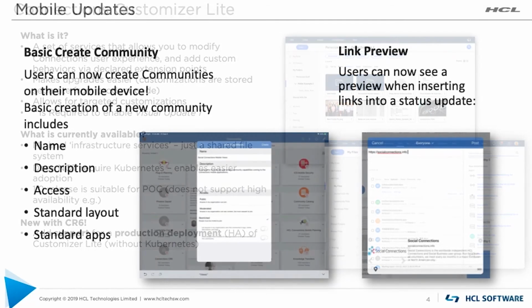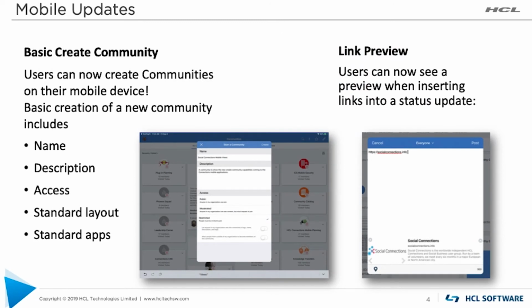So let's shift gears and talk a little bit about the basic Create community on mobile. I recorded a full video on this capability alone, which will be available on YouTube shortly, that goes through all the capabilities. But what's important here is that, of course, you've always been able to create a community in connections through the browser on your desktop, but so far this was not available to users using a mobile device, and we just added that.